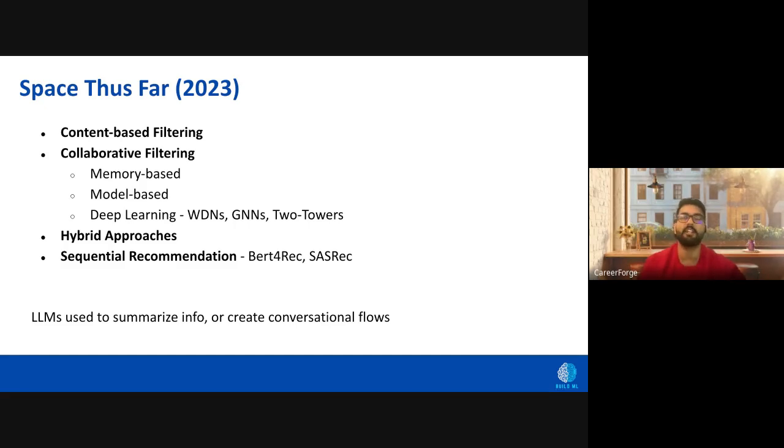Two dominant models in that space are SASRec and BERT4Rec. Both of them take your user interaction history, as in what items the user interacted with, and they apply attention on top of it to figure out what items in your history are going to be most relevant to what you're going to like next.